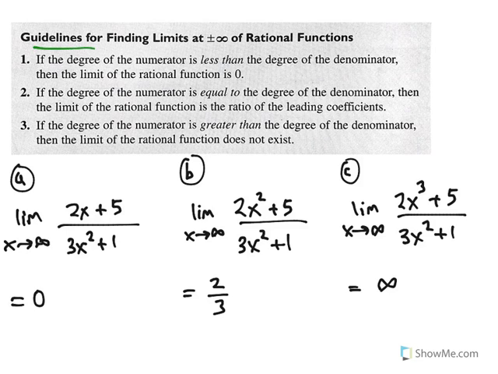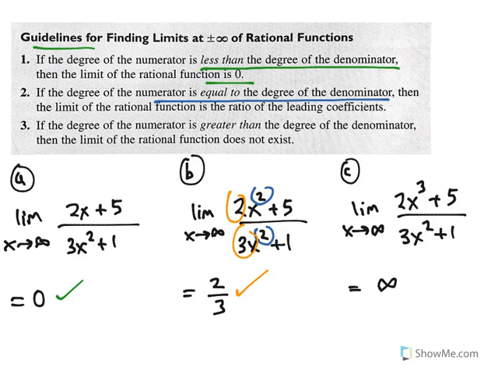And here we just have the guidelines that I just said verbally, written out. If the degree of the numerator is less than the degree of the denominator, then the limit of the rational function at infinity is 0, as we see here for example A. If the degree of the numerator is equal to the degree of the denominator, then the limit of the rational function at infinity is the ratio of the leading coefficients, as we saw here for example B. And if the degree of the numerator is greater than the degree of the denominator, then the limit of the rational function does not exist.